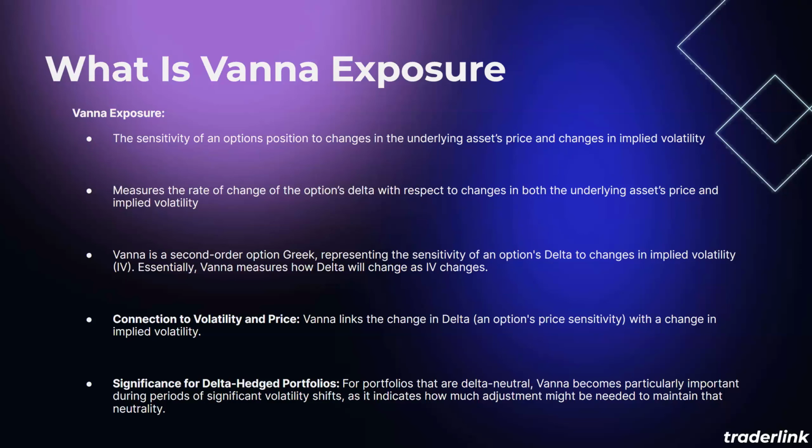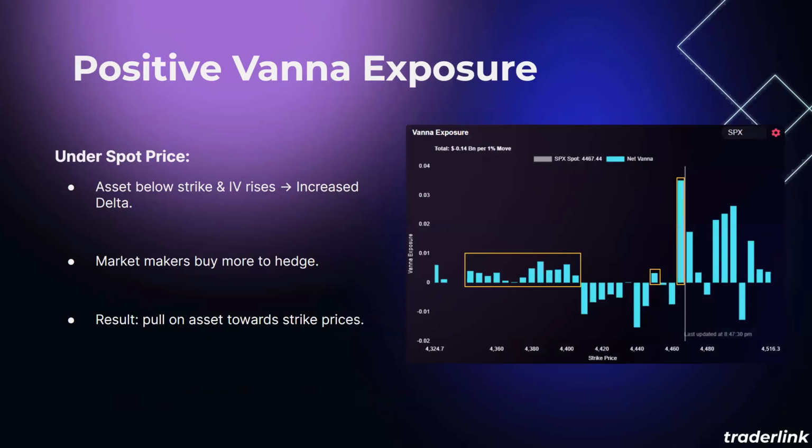Now getting into positive gamma exposure. So this is positive gamma exposure under spot price. I don't know if you've sensed the pattern yet, but typically I'm just going to be explaining what you should expect if a certain amount of exposure is below or above spot price and how you need to proceed once visualizing that.